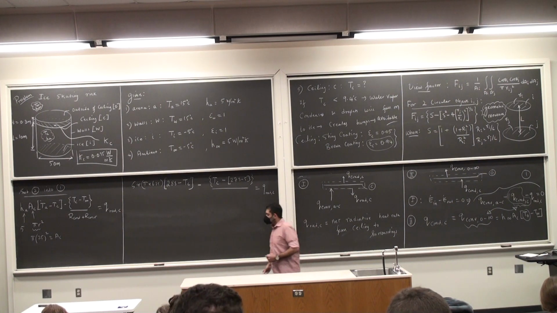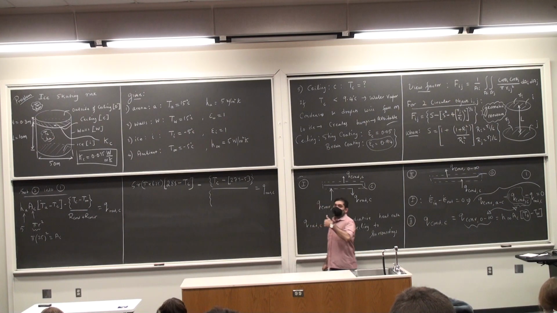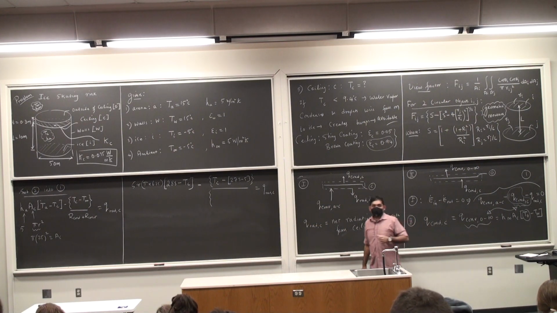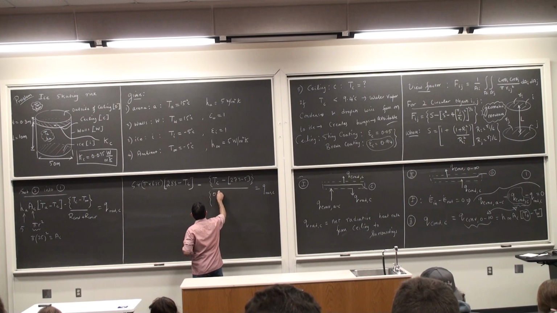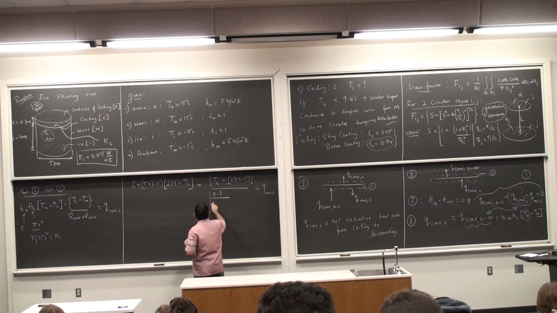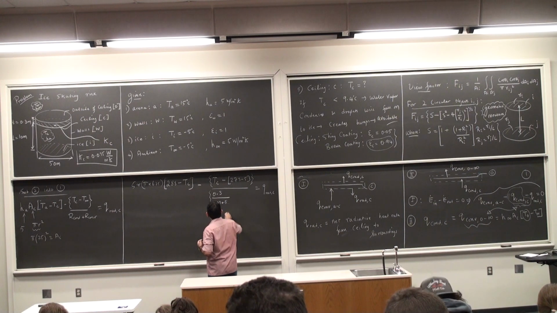Conductive resistance, just to jog back our memories, is the length divided by k times A, thermal conductivity times area. The length is the thickness of this plate, so that's going to be 0.3 meters by 0.035 times 5 times 625.